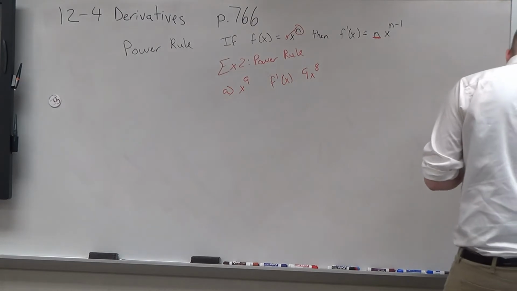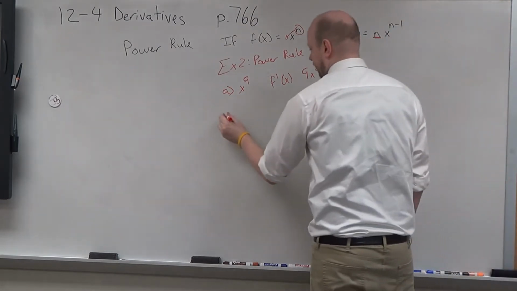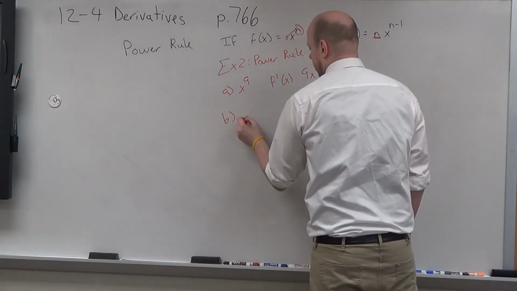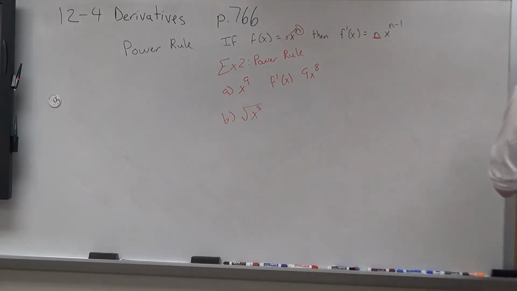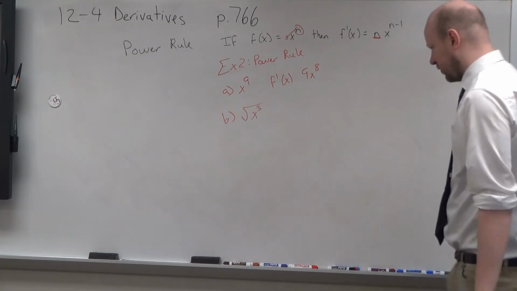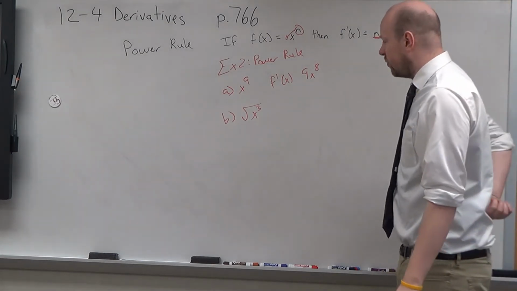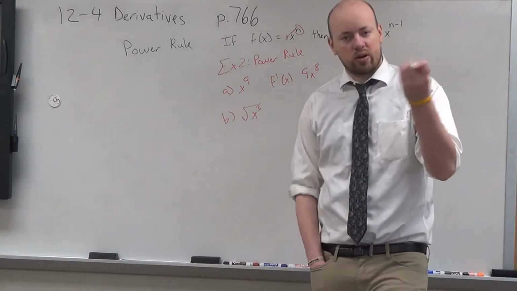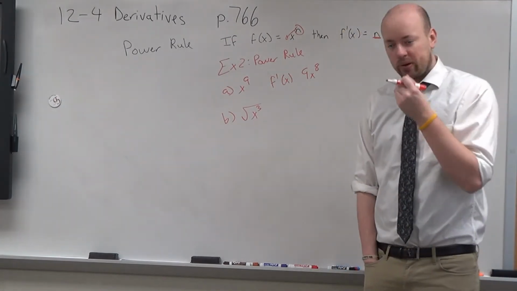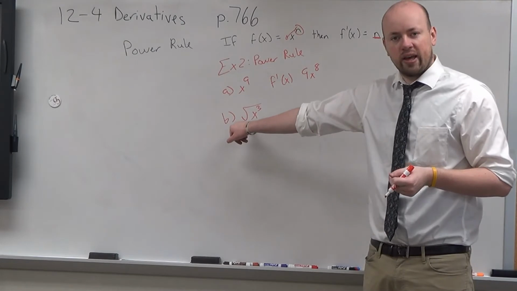So, following that logic, what if I had b was square root of x to the 3rd? Now this one's a little tricky, because you want to say that the radical is just, or the power is x to the 3rd. But remember, radicals are values too.